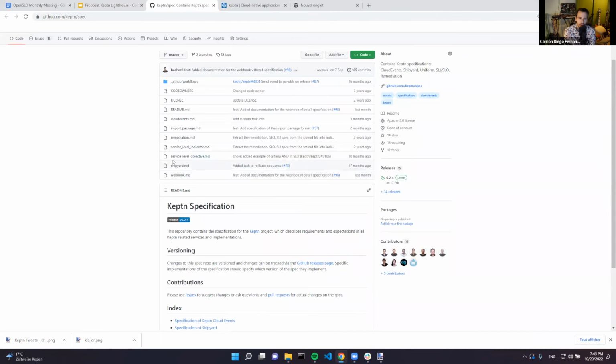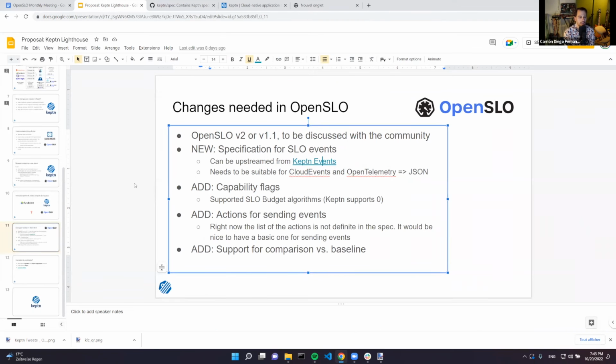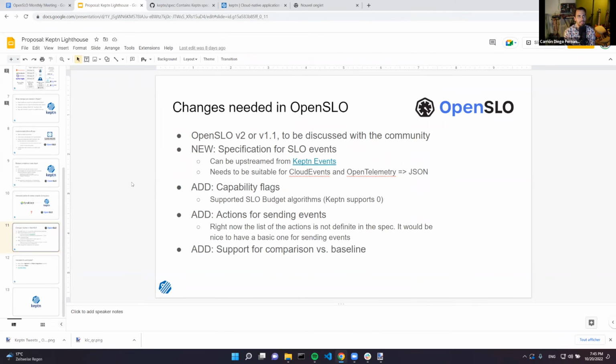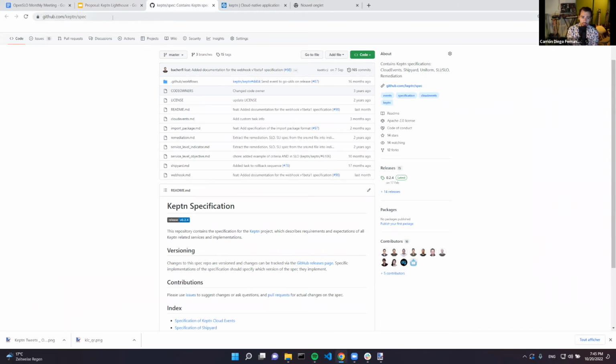I had a question about the comparison against baseline. Usually the way I have seen that handled has to do with the query functionality of what the metric source or data source supports.